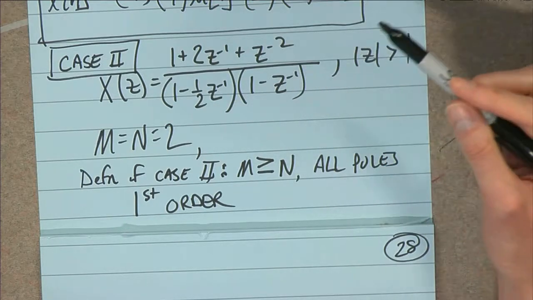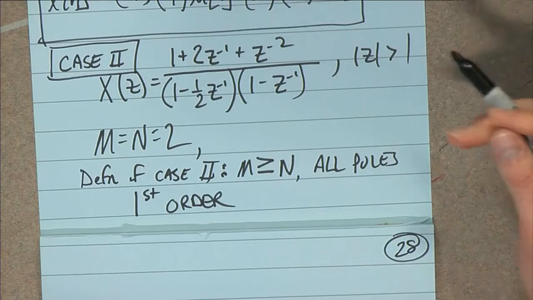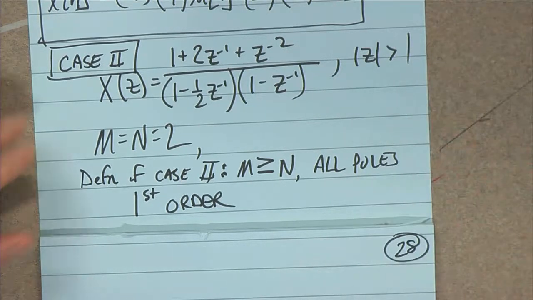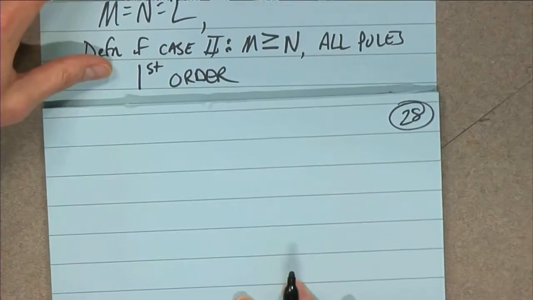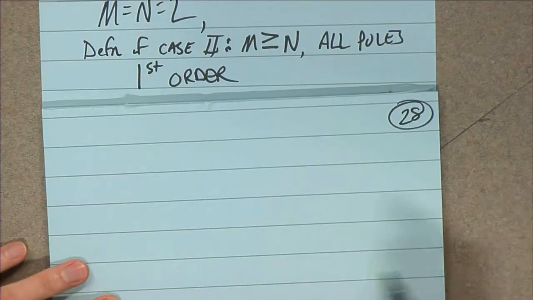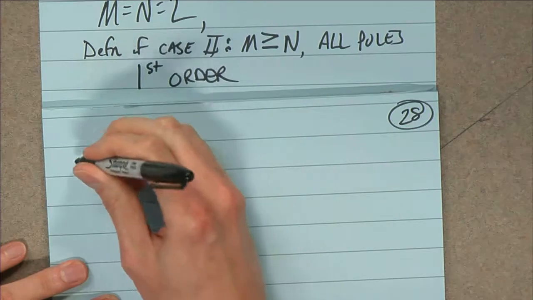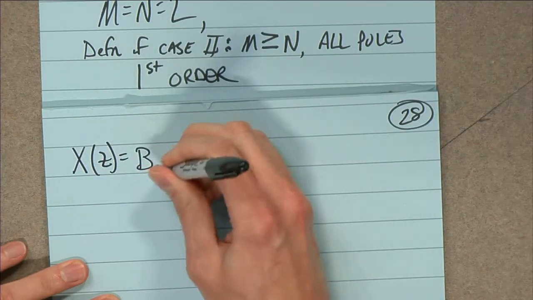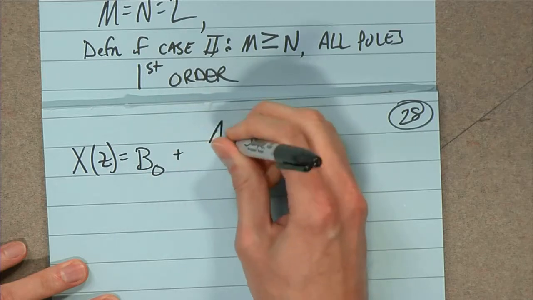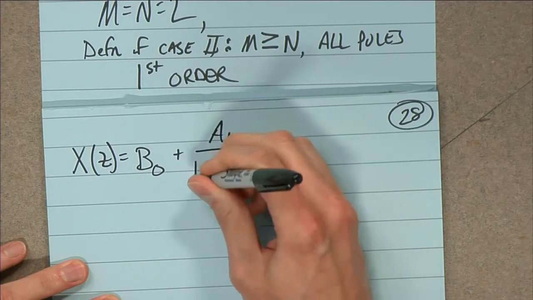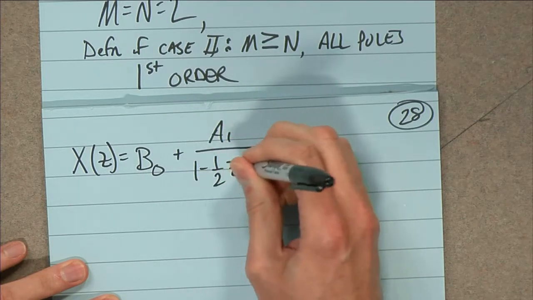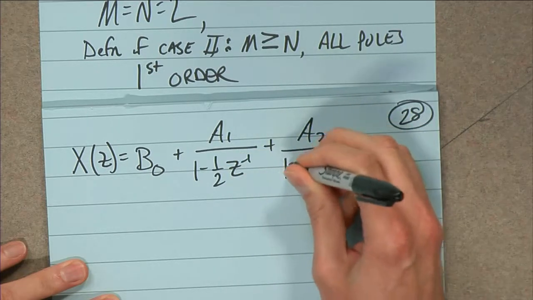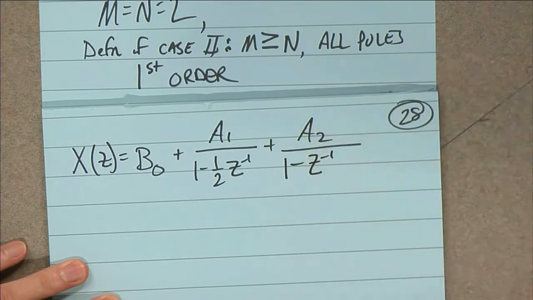So how do you do that? You're just going to divide them and use long division and end up with a quotient plus a remainder. And that's basically what we're going to do. We're going to say our form of x of z is going to be some b0 plus a remainder term in z inverse.